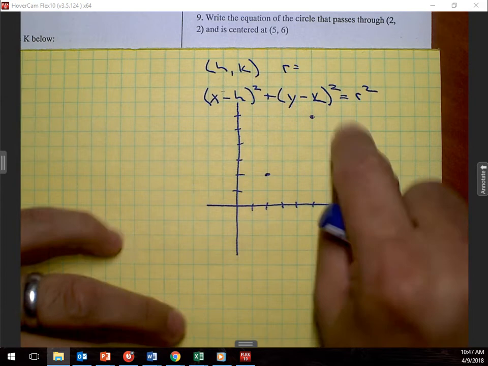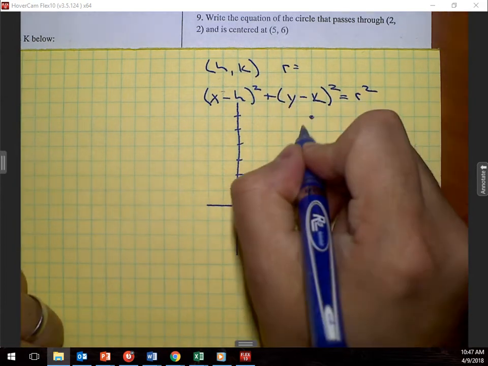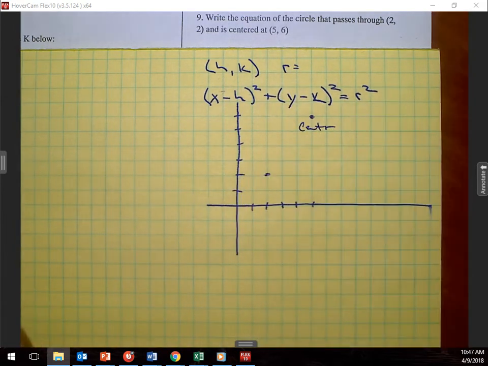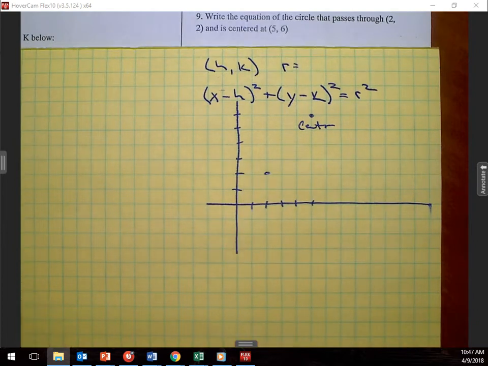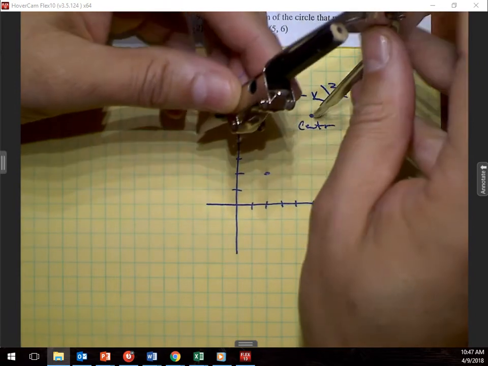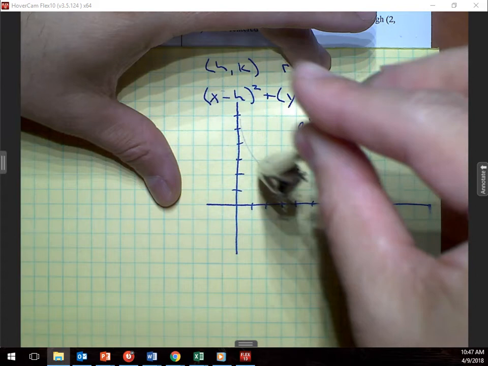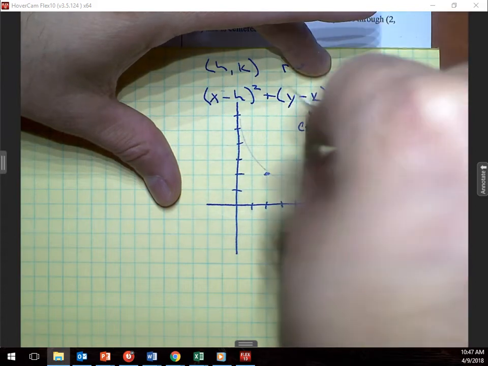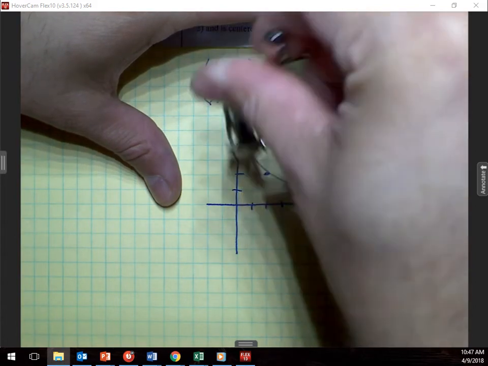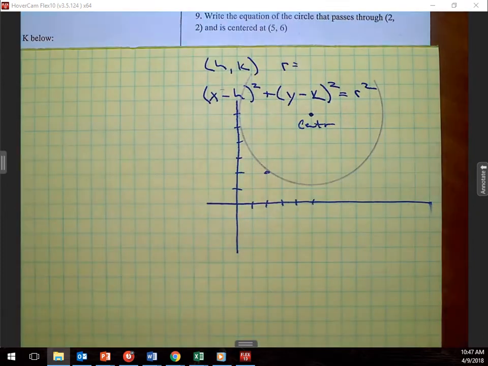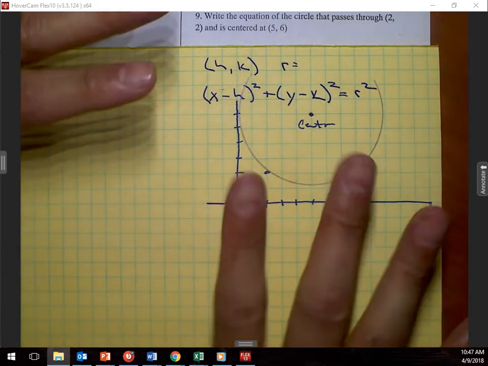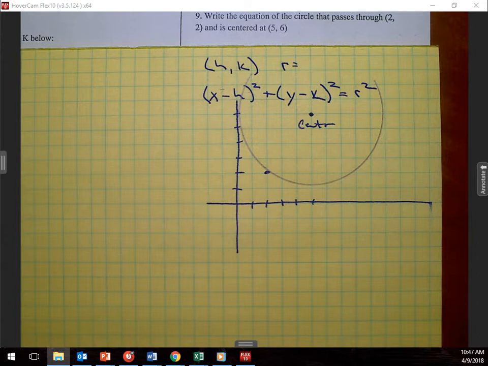And so that means that if this is the center, it's going to be touching at that point right there. So this is what that means. It's passing through, it's touching there. You'll see right now. So this one right here is a pain because of how they set it up.